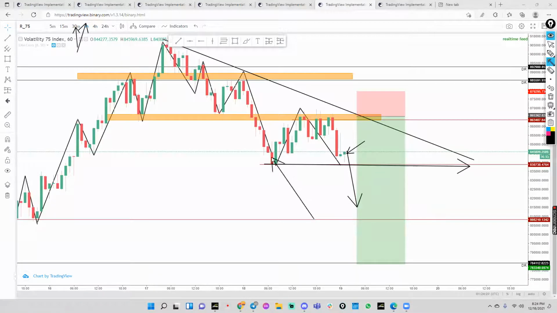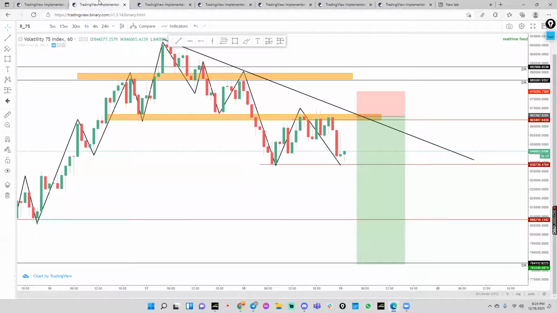But if we respect it, it simply means that at this point, the market is forming a higher low, which might give a push to break above these highs and continue the bullish move up.